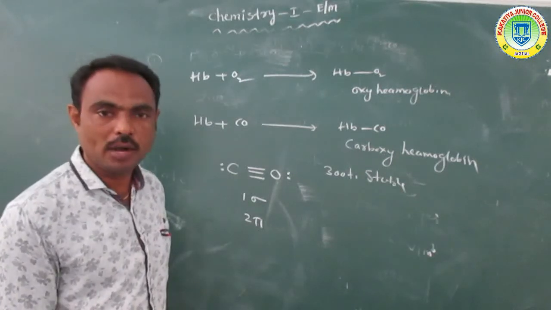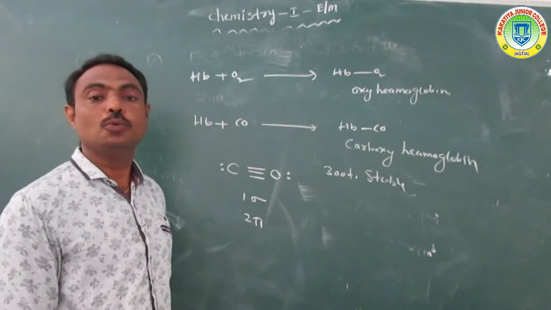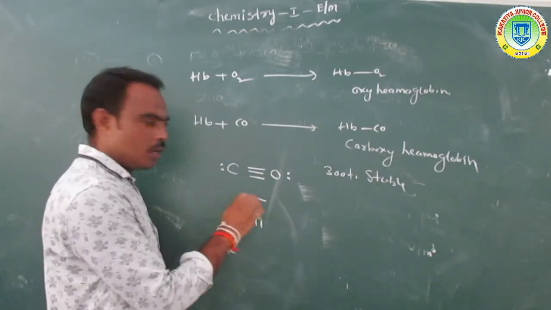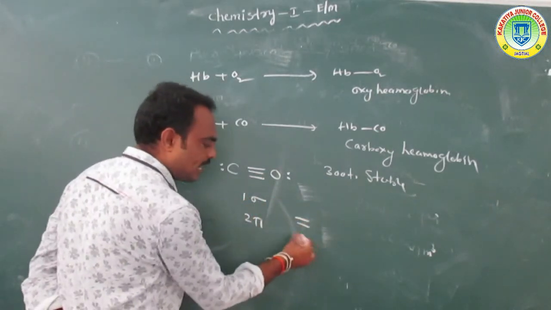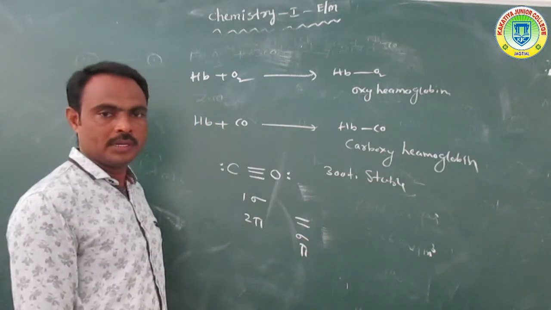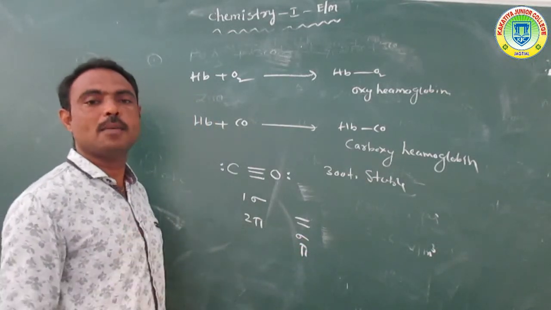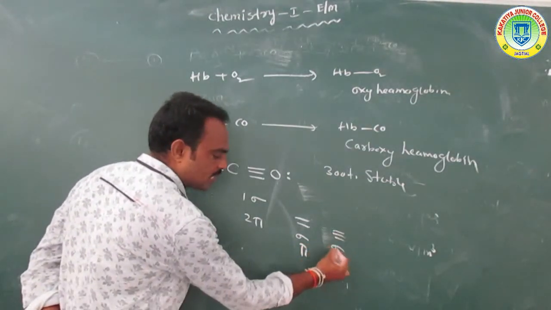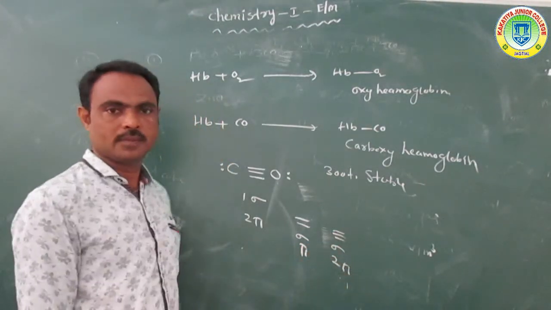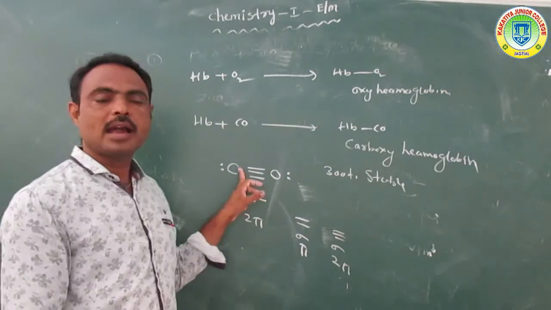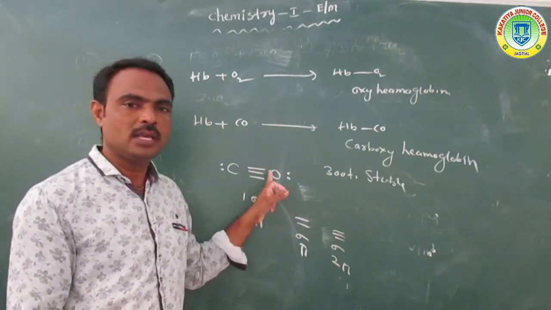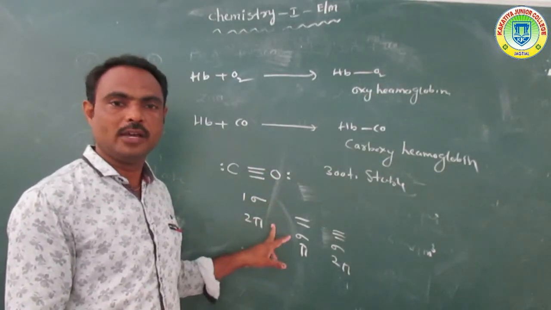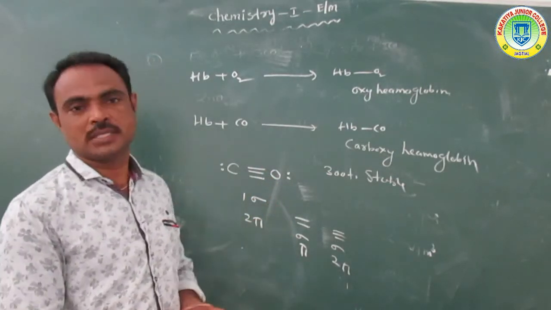Suppose a double bond contains one sigma bond and one pi bond, but a triple bond contains one sigma and two pi bonds. Between carbon and oxygen, how many bonds? A triple bond, with one sigma bond and two pi bonds.